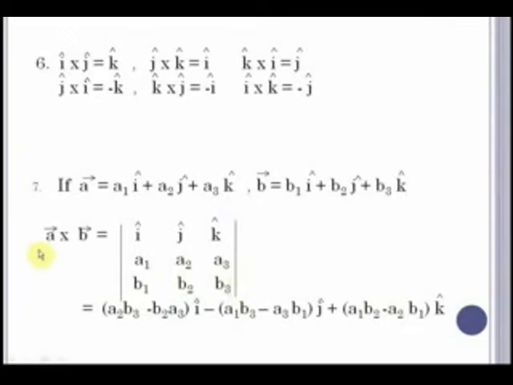Now when we expand this determinant, we get A cross B equal to (A2 B3 minus B2 A3) times I cap minus (A1 B3 minus A3 B1) times J cap plus (A1 B2 minus A2 B1) times K cap. So if we have any two vectors in three-dimensional space, then the cross product of these two vectors is equal to this determinant.